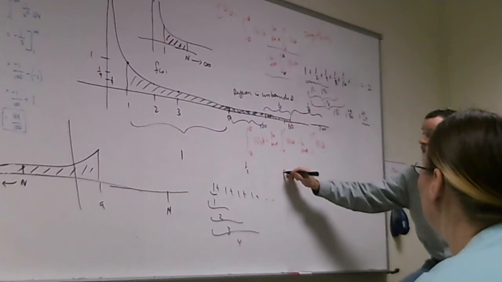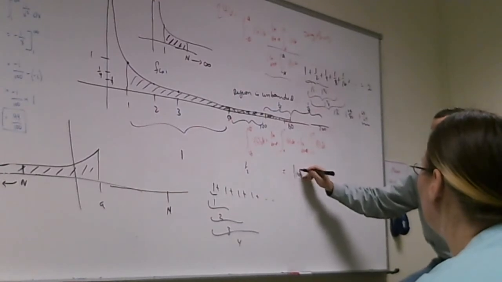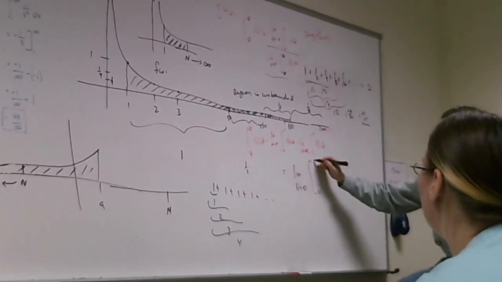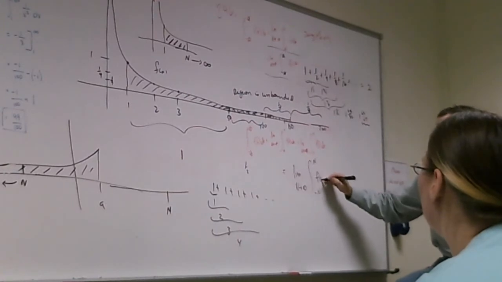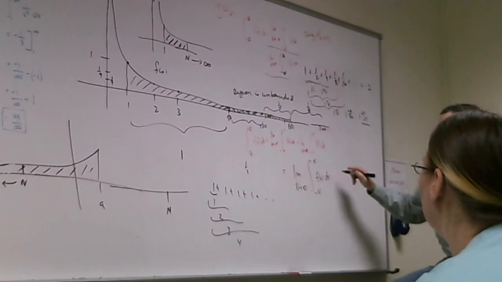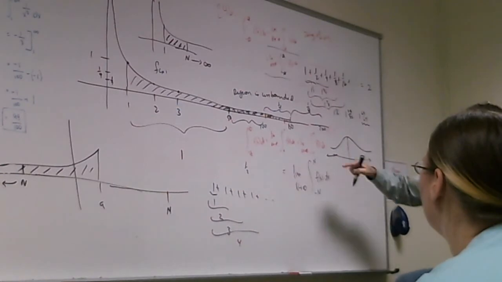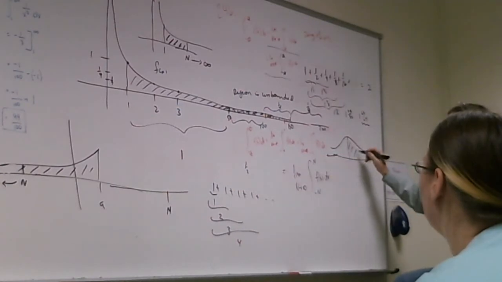Same thing down here. This could have been written that way. Nothing wrong with the way he wrote it. What he did is he said, okay, here's my function. Maybe it looks like this. I'll integrate from 0 out to n.